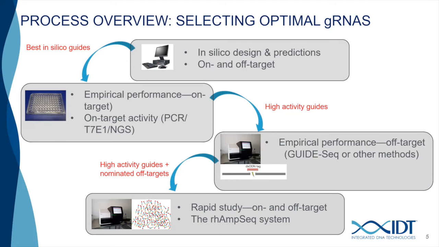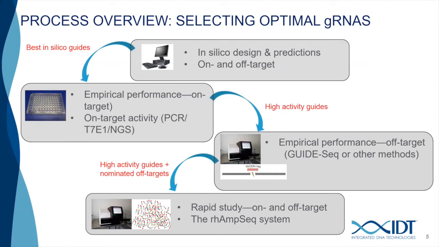So once you have your highly active guides and you've settled on your guide RNA target, it's important to appreciate what the off-target potential is. That's where technology like GUIDE-seq comes in. There are other technologies such as CHANGE-seq and CIRCLE-seq, and there are your in silico predictions, but it is then important to go and empirically look and see what potential this particular guide RNA has for editing in other particular spots in the genome.